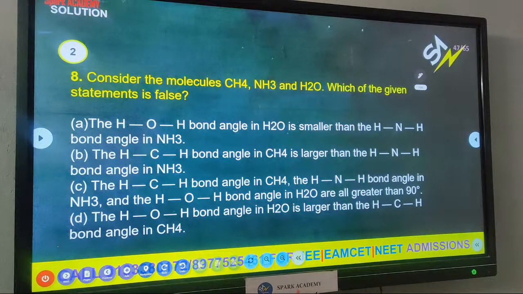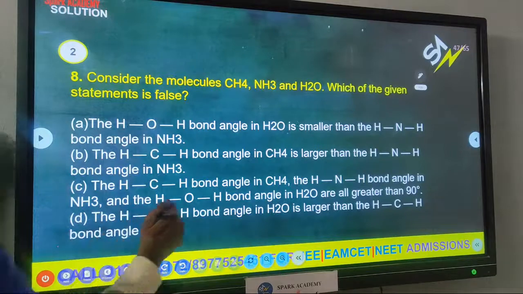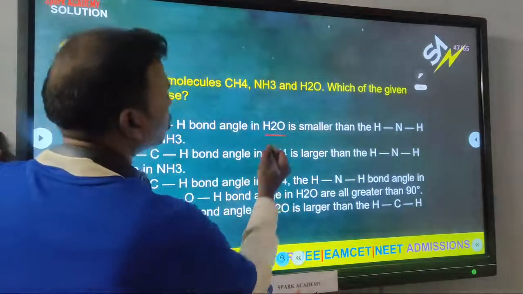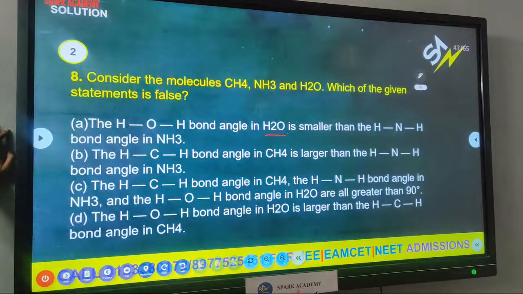Statement 1: the HOH bond angle in H2O is smaller than the HNH bond angle. What is the bond angle in ammonia? 107.